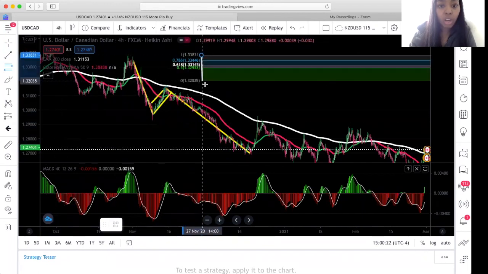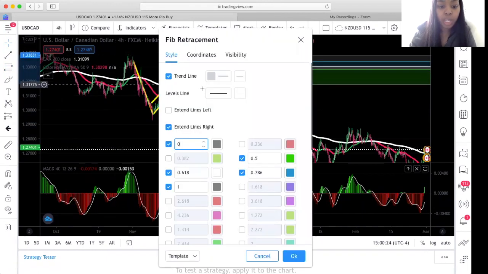Okay, so I'm going to just go to my settings here. And the only ones that you want to have highlighted are going to be the 0, 0.5, 618, which is our golden ratio, 786, and 1.